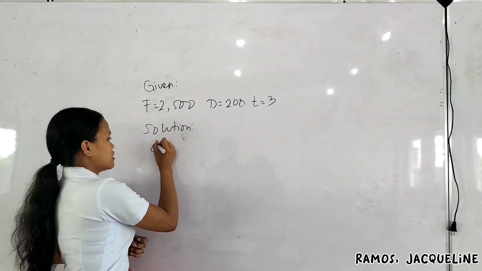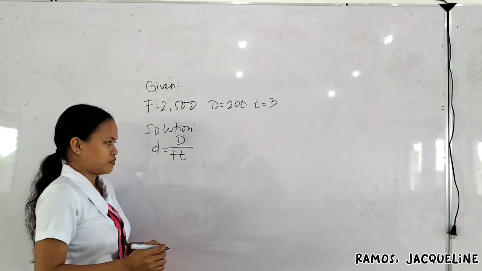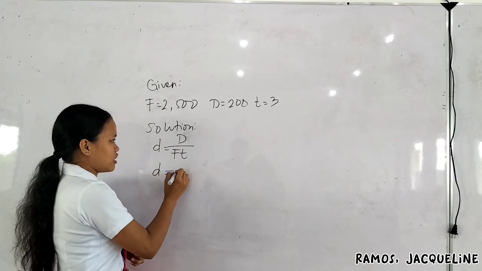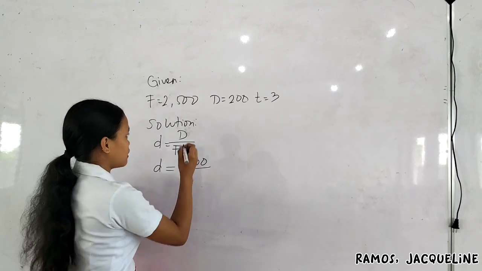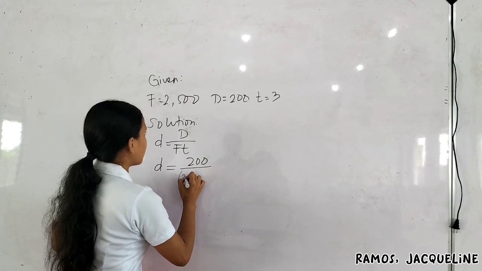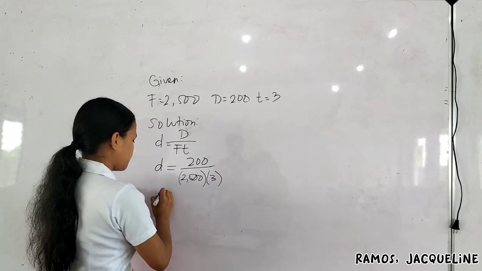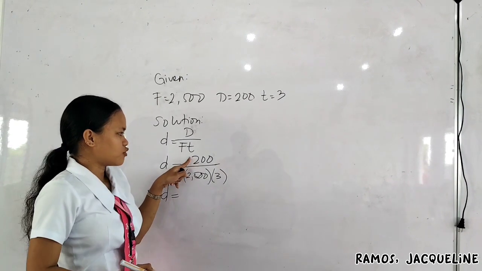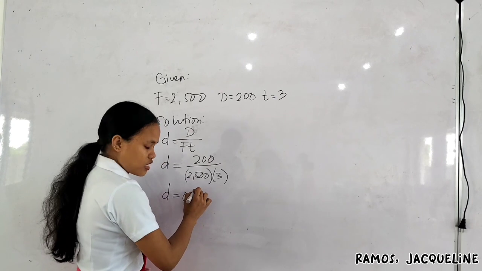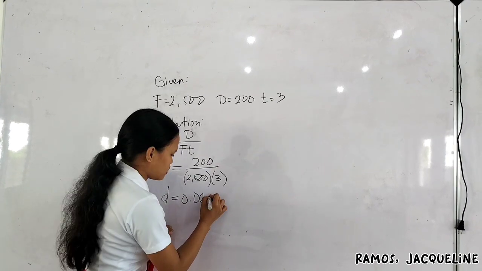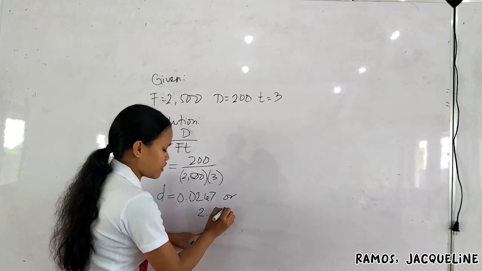The formula we use is discount rate equals discount over future value times time. 200 pesos over 2,500 times 3 is equal to 0.0367 or 2.67%.